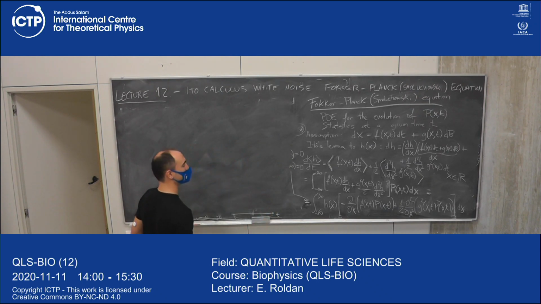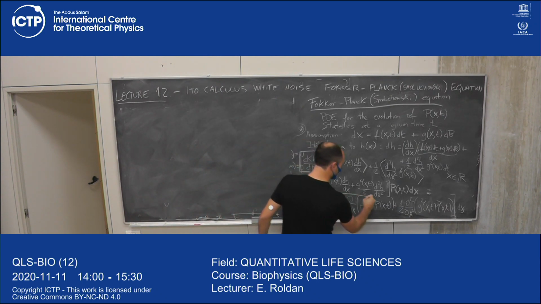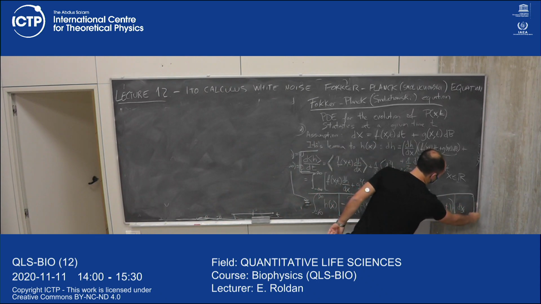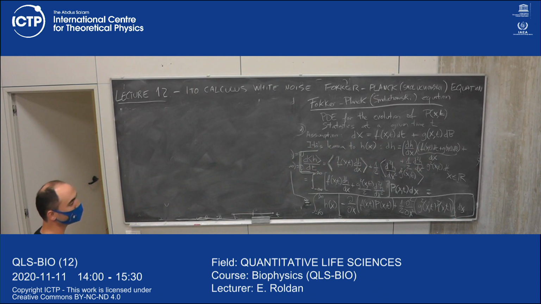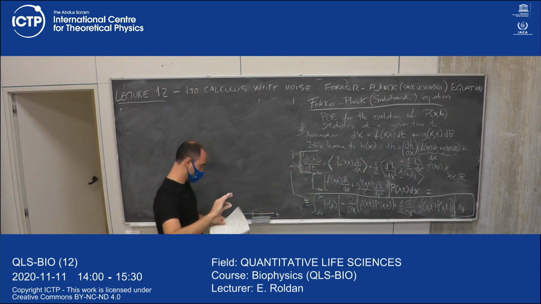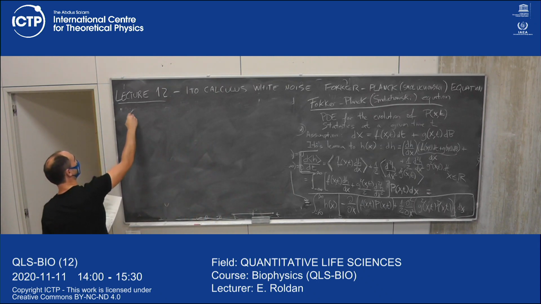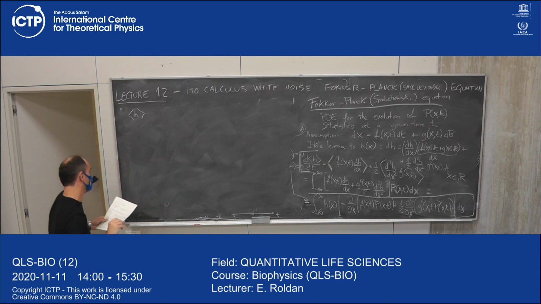Okay, so we have this equation on one side. And now I will do the calculation of the same quantity from a different path. So what is the average of h?